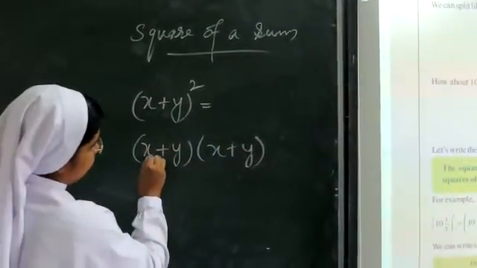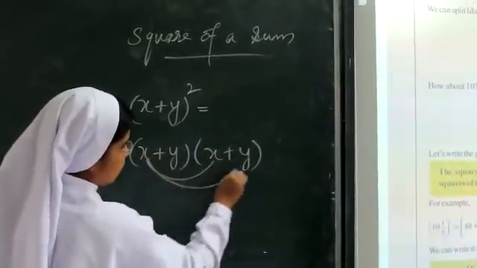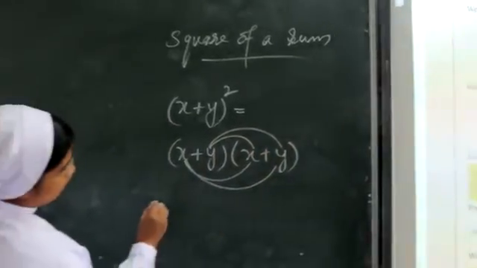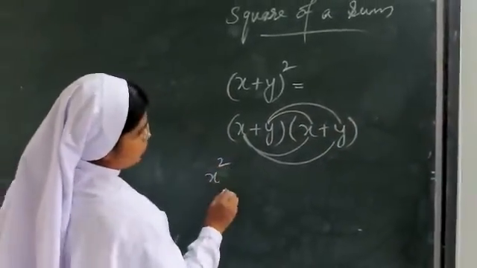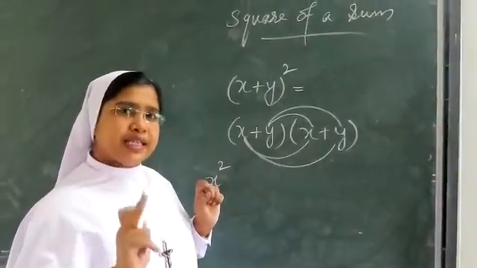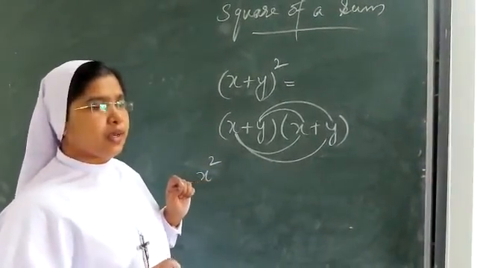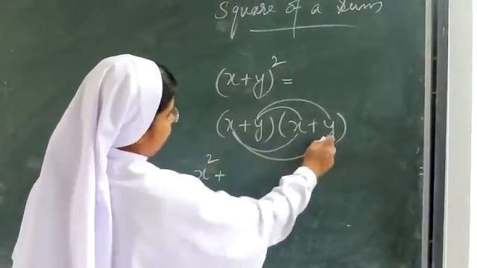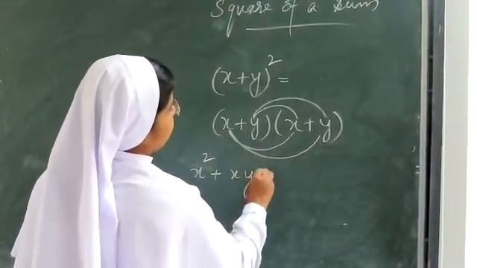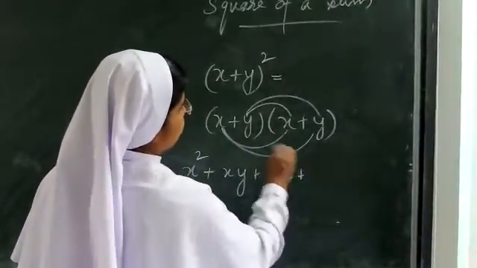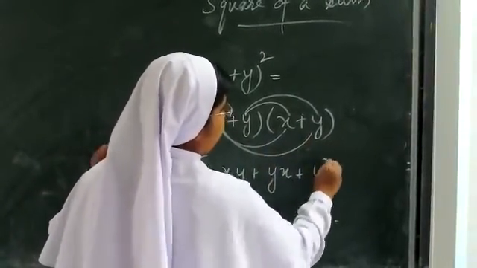When you multiply, x into x, x into y, y into x, y into y. x into x is x square, x into y is xy, y into x is yx, plus y into y is y square.